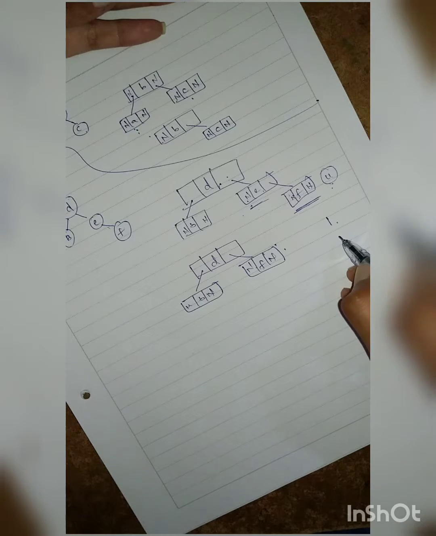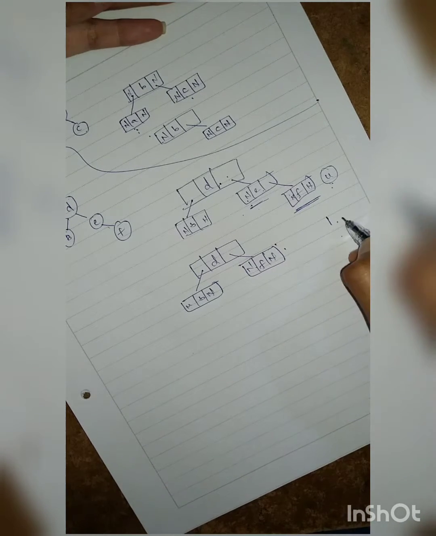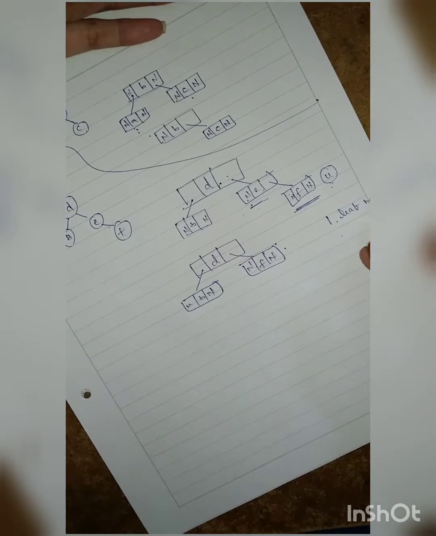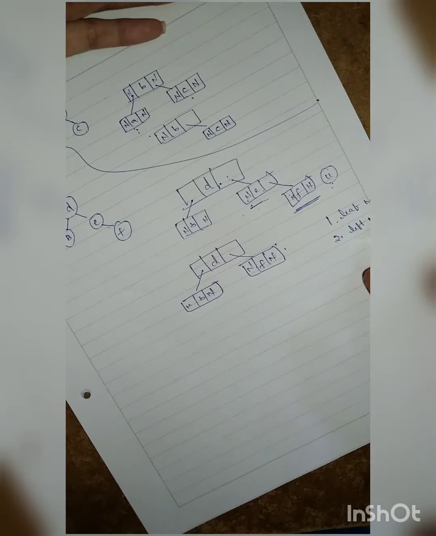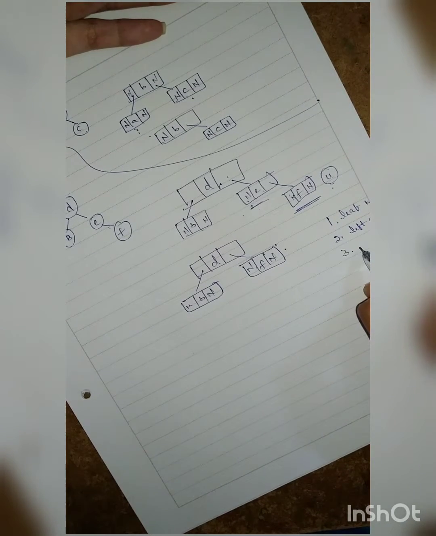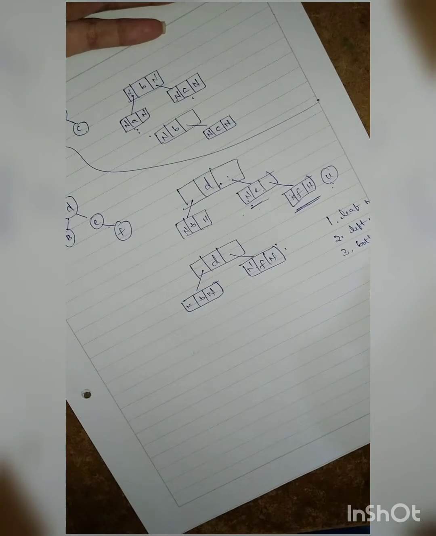Second, element U has a left or right subtree. First is leaf node, second is it has a left or right child, that is it is a non-leaf node, and third is element U has both left and right children.